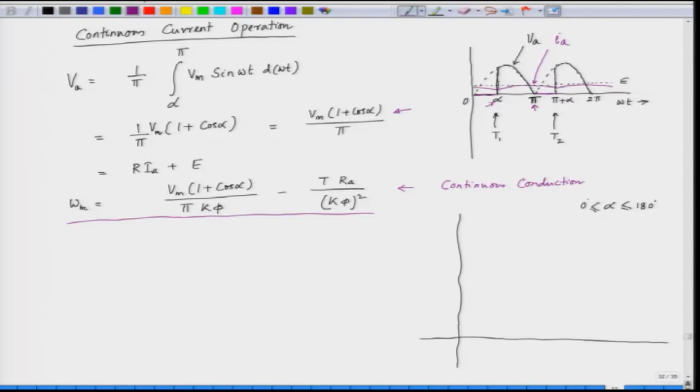Now, if we draw the torque speed characteristic, we take the help of the continuous conduction case, that is this equation. These are the straight lines for various values of alpha.